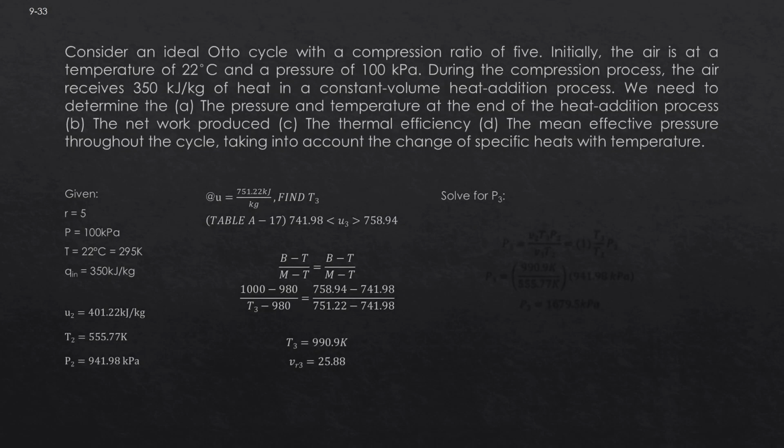To solve for pressure at state 3, we have the equation P sub 3 equals V sub 2 times T sub 3 times P sub 2 over V sub 3 times T sub 2. So for process 2 to 3, it is said to be a constant volume heat addition process.